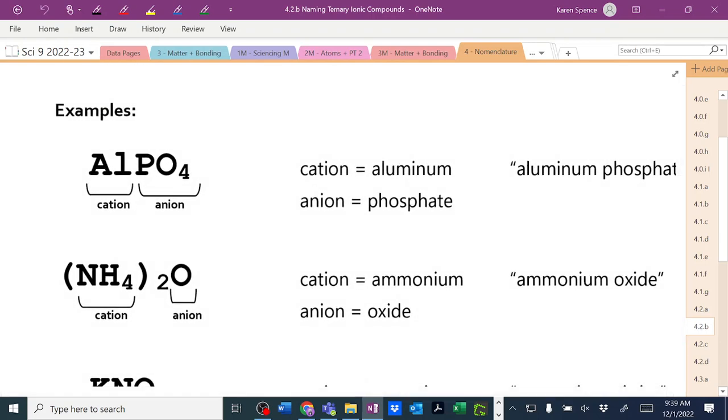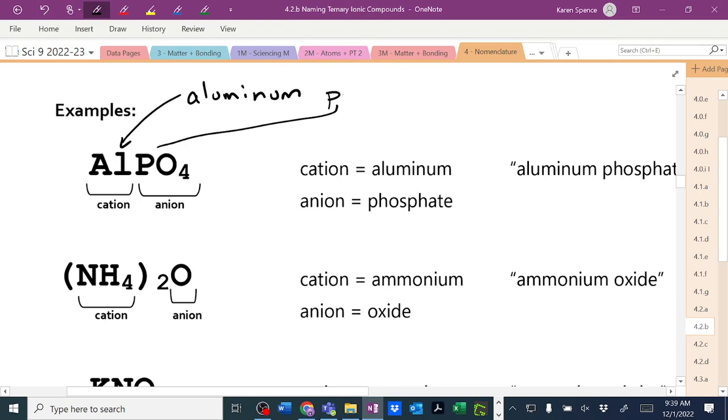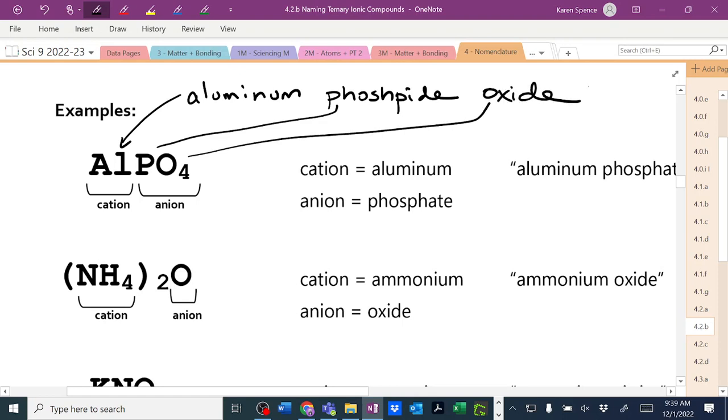Many times, people look at compounds with polyatomic ions and they're like, I have Al, that's aluminum. And then I have a P, which is phosphorus. So they'll write phosphide oxide. And that would be wrong.